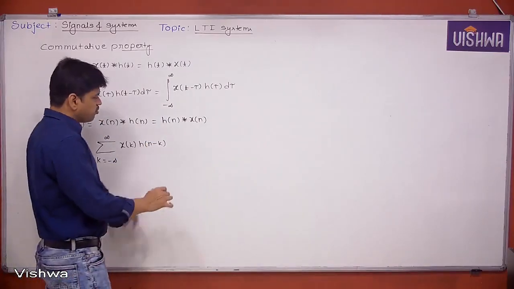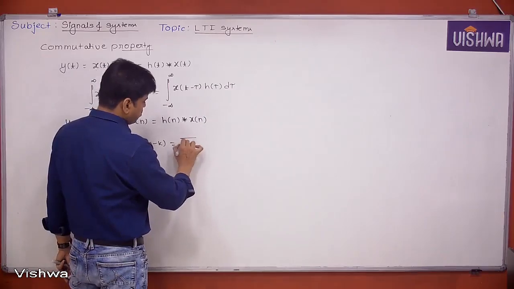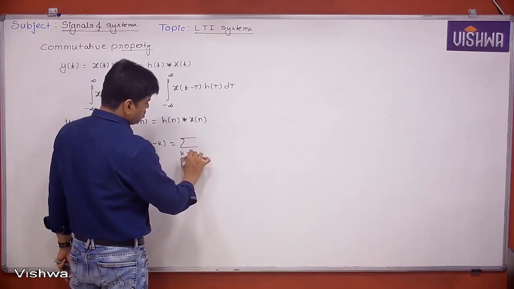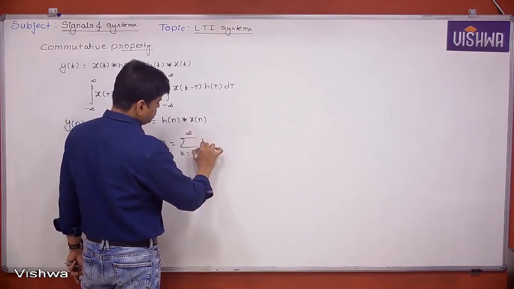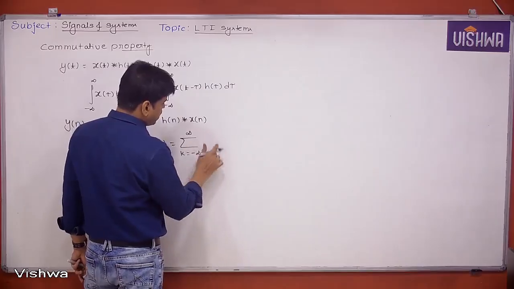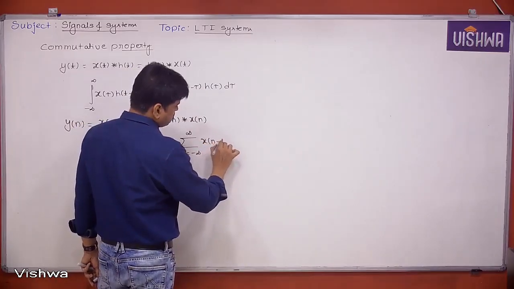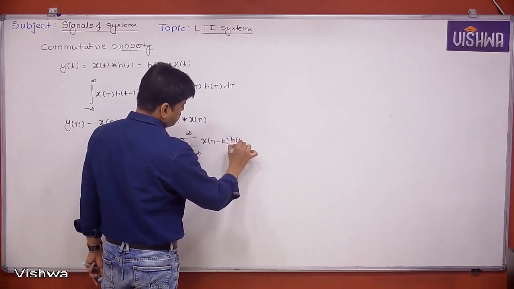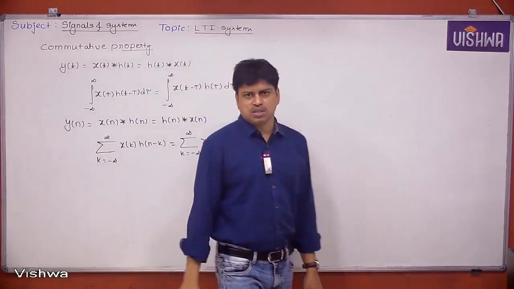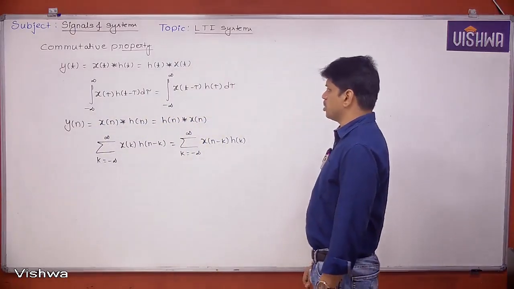But if you shuffle them, it gives summation k equals minus infinity to infinity of x of n minus k h of k. So this is what is called the commutative property.